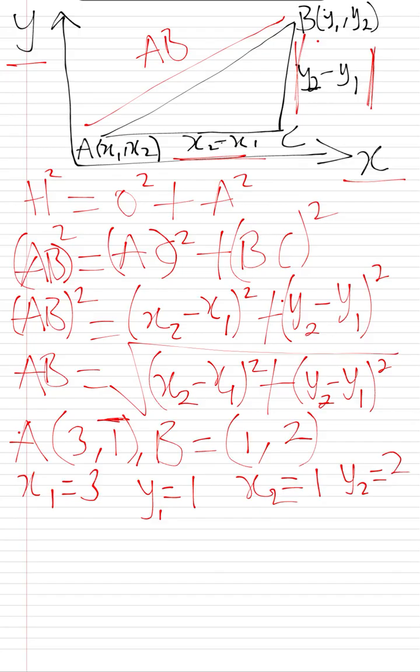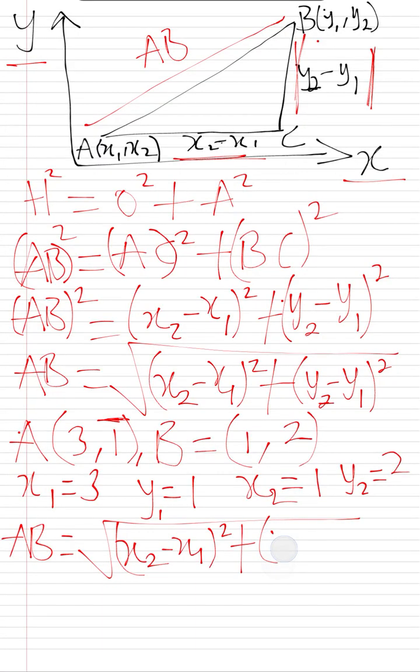So what will be your answer? Our answer will be the distance AB. First write your formula. Your formula is the square root of x2 minus x1 all squared plus y2 minus y1 all squared.